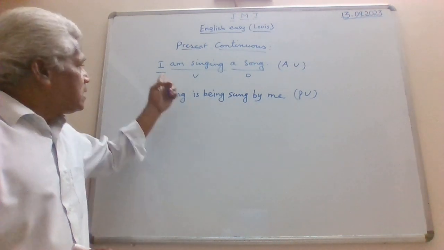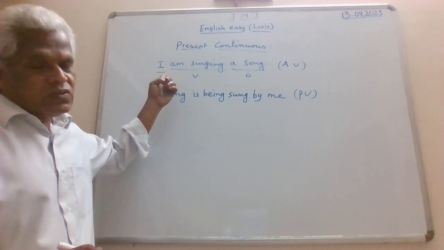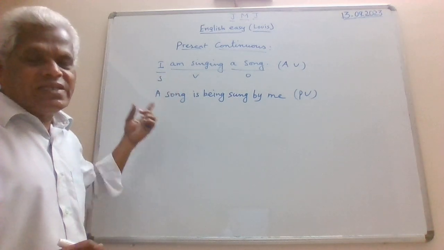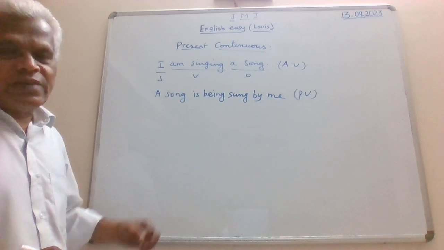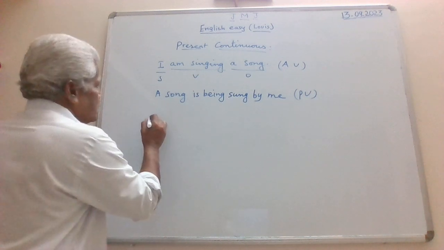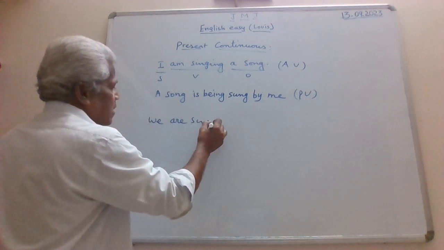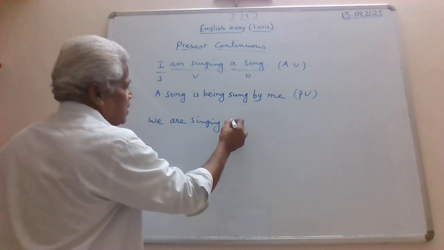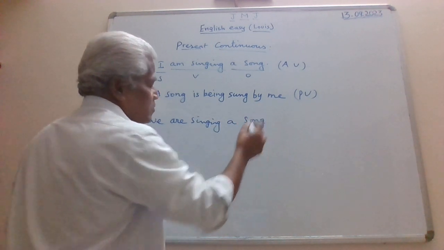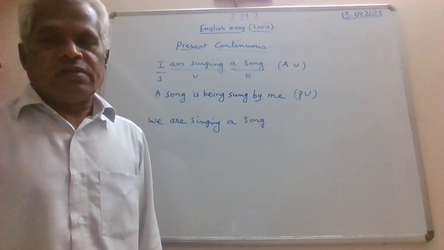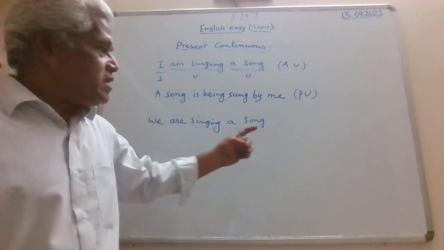Now this is first person singular. So let me write the same sentence in first person plural having the subject we. We are singing a song. Similarly, this is in active voice.